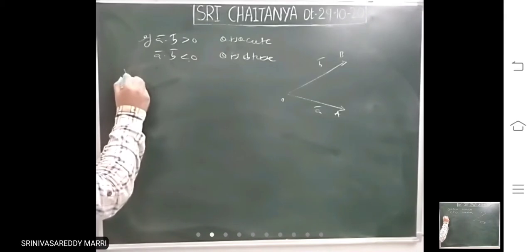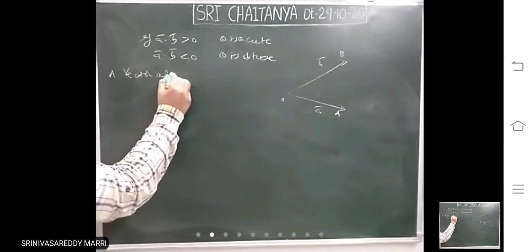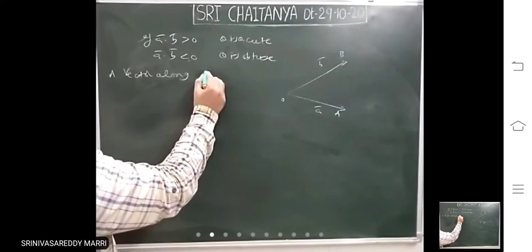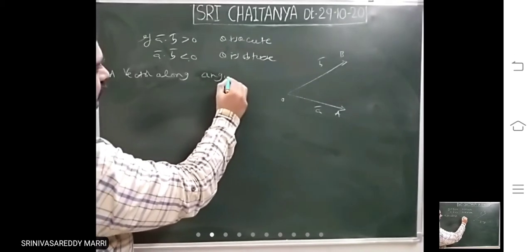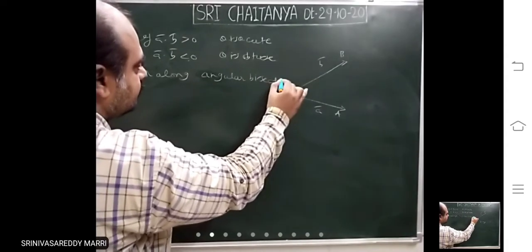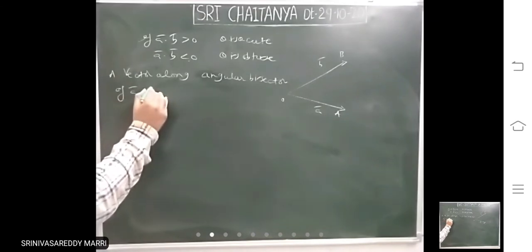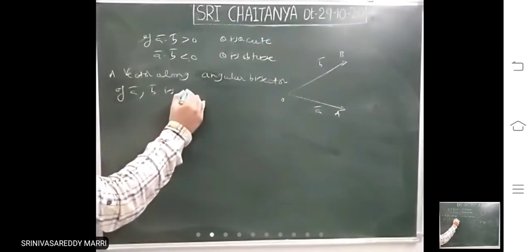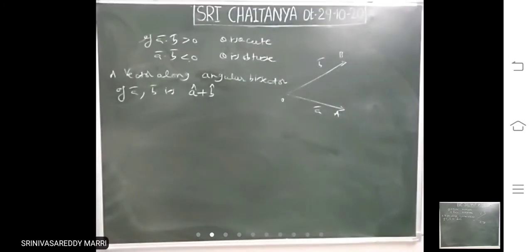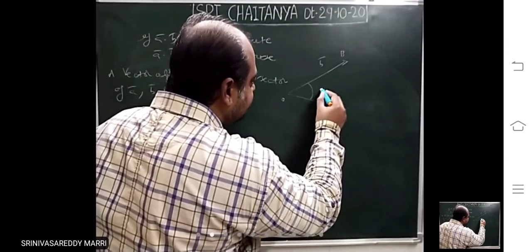A vector along the angular bisector of A bar, B bar, I told already. Let us say this angle is theta.